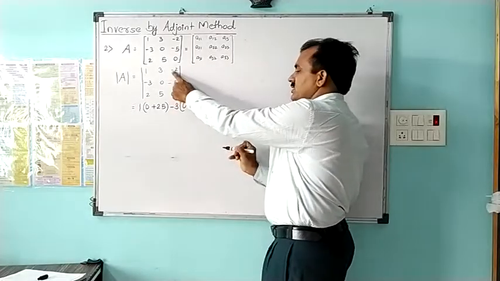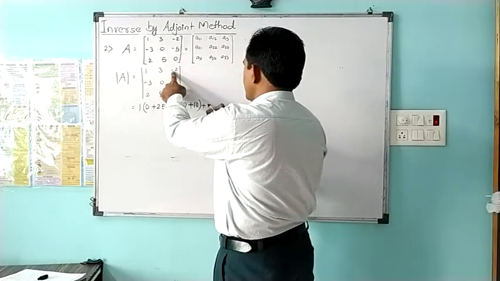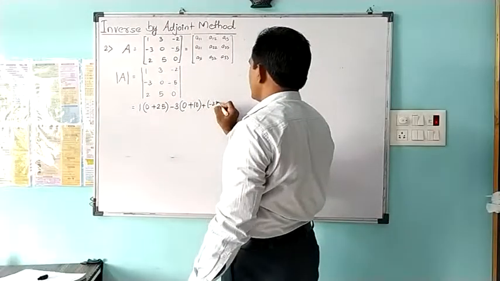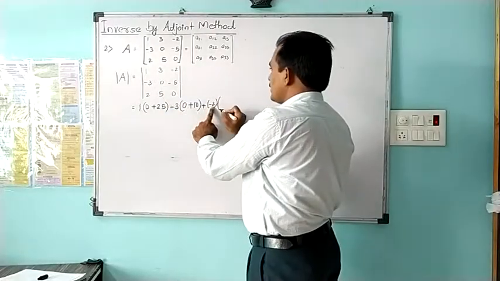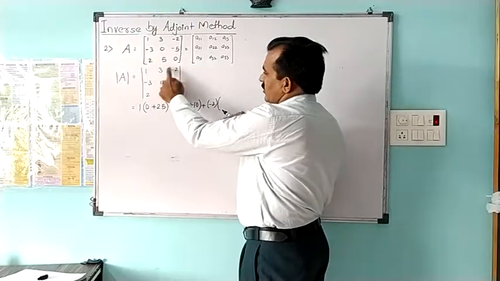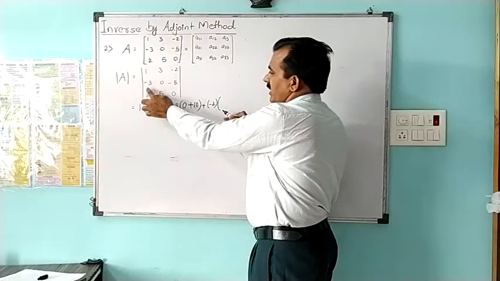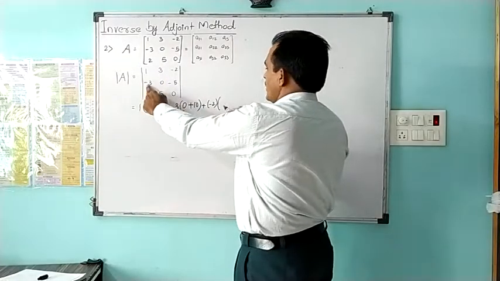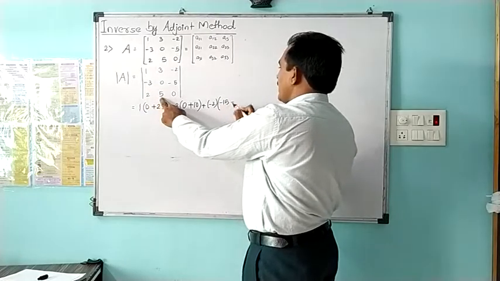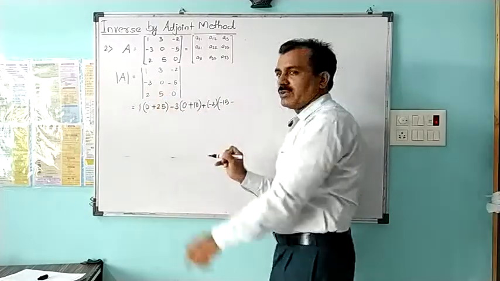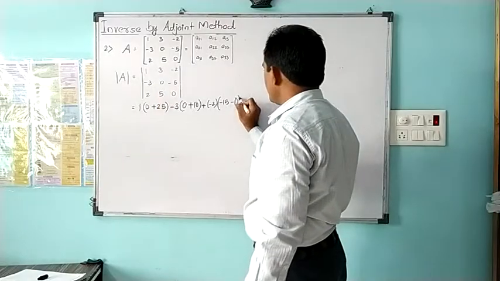Later, this number by formula is attached to plus, but its minus sign is there. So plus into minus 2 into, eliminating the first row and third column, the 4 elements give the cross as minus 3 into 5, that is minus 15. Minus, by formula, the next two numbers give the product as 0.